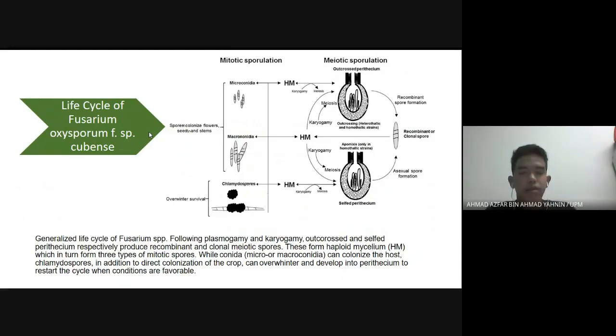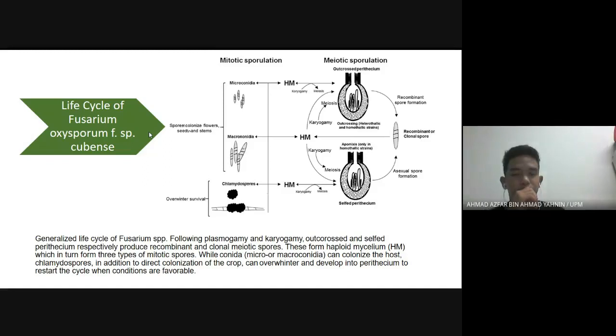This Fusarium has two reproduction processes, which are mitotic sporulation, which is asexual, and meiotic sporulation.